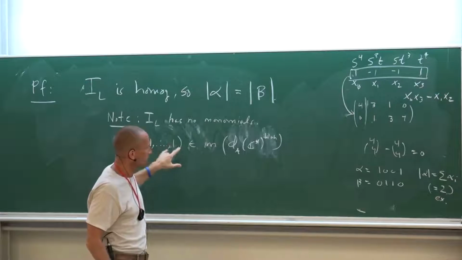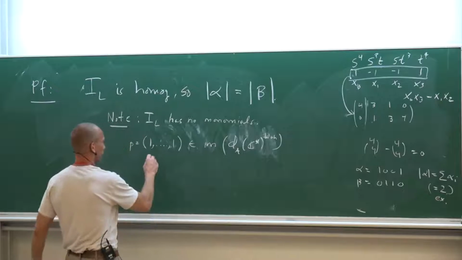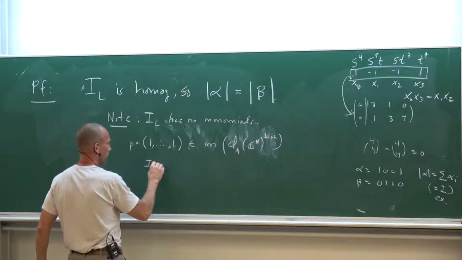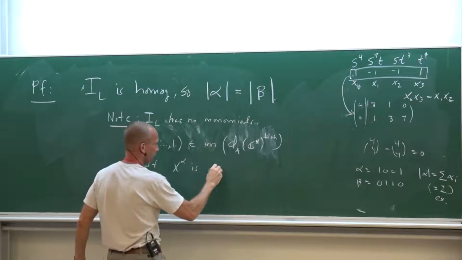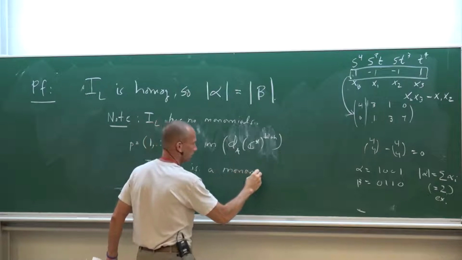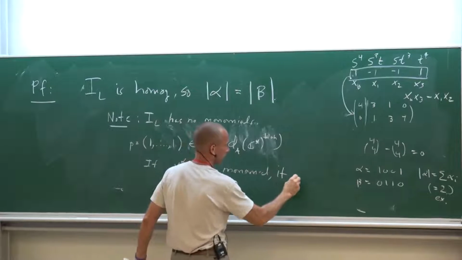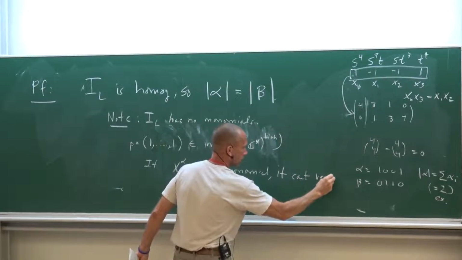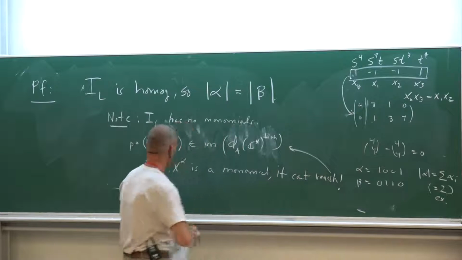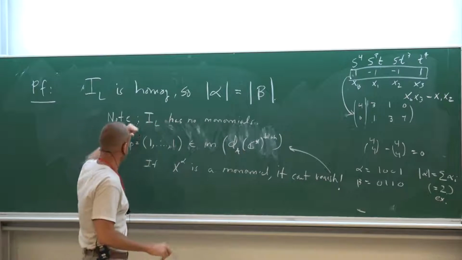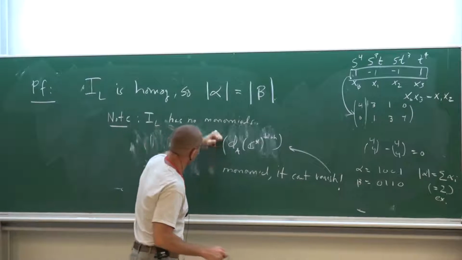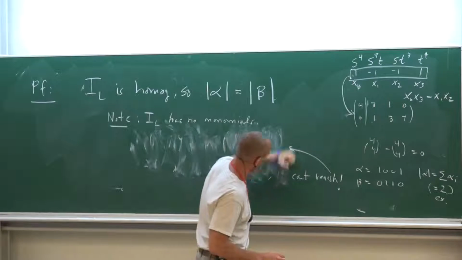So the vector of all ones is in this, but if I had a monomial, x to the alpha, it certainly can't vanish. Because a monomial, when I evaluate it at all ones, is going to be 1, right? So I can't have any monomials. So the point is that I has no monomials.